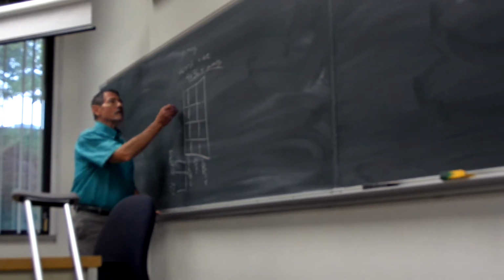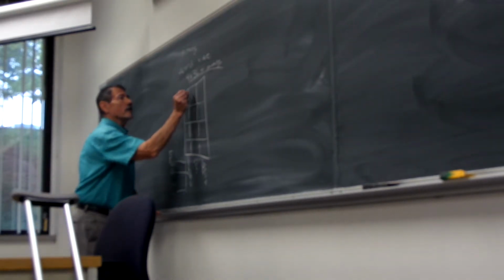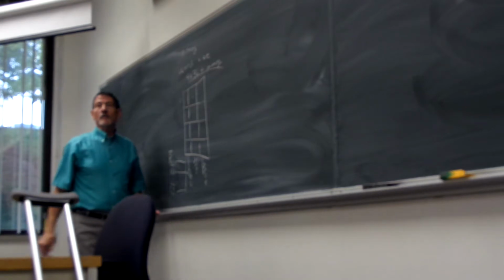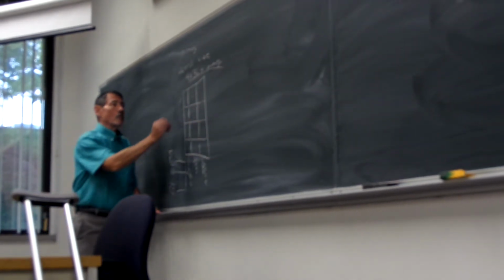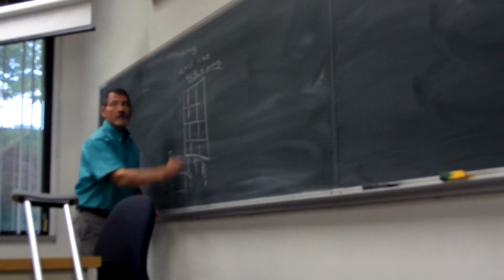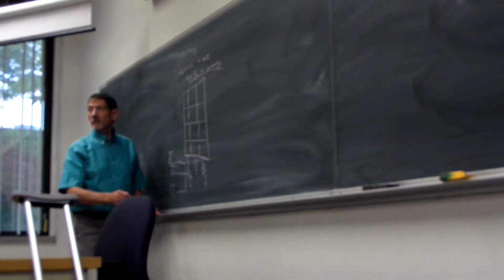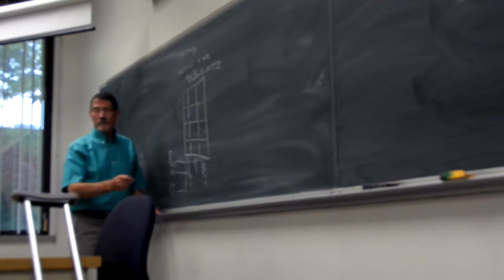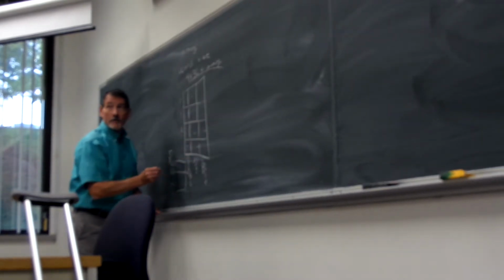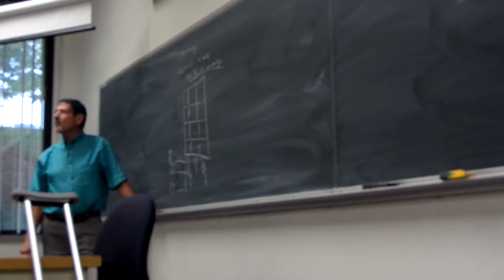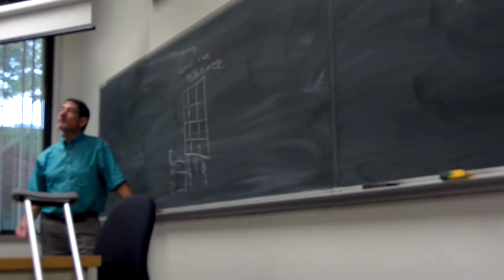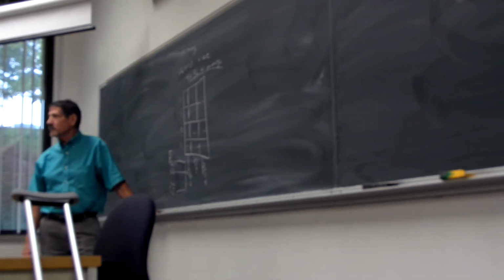Okay, so let's call this word 0. Which one is this? Word 1. Which one is this? 2. We're counting. And this one? 3. Now, how many address lines will it take to uniquely specify one of 4 things?